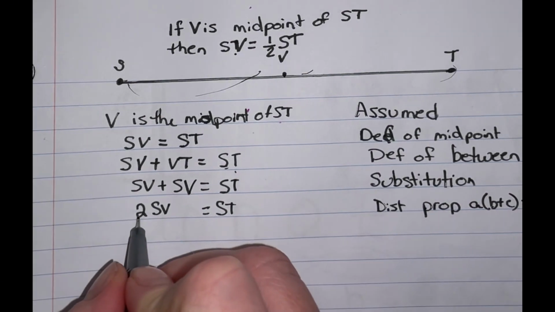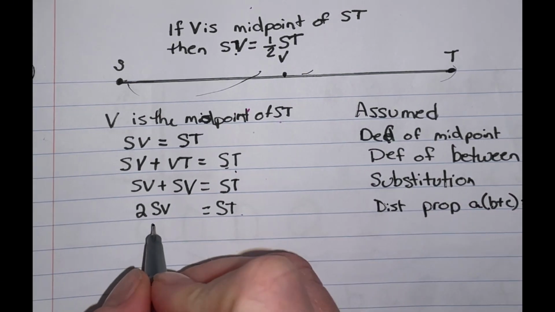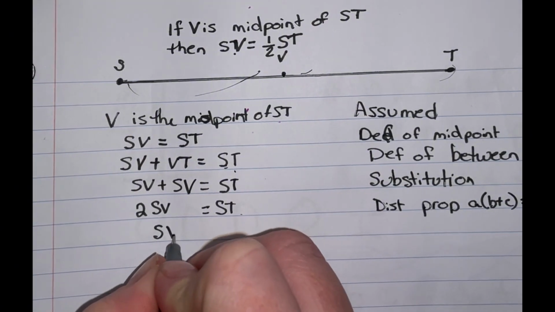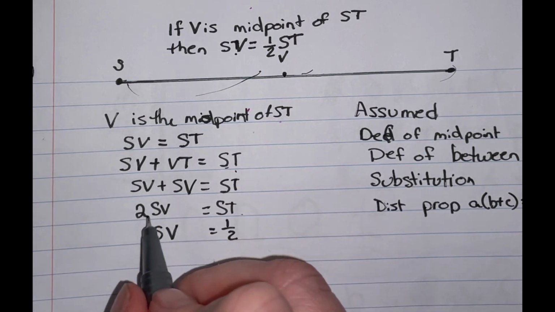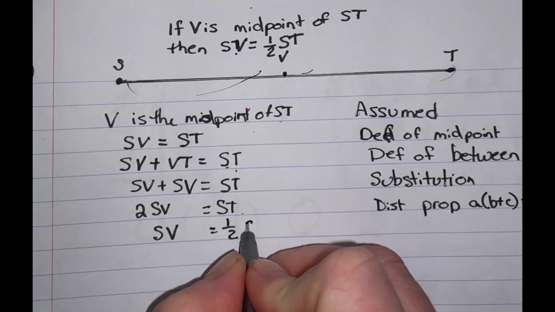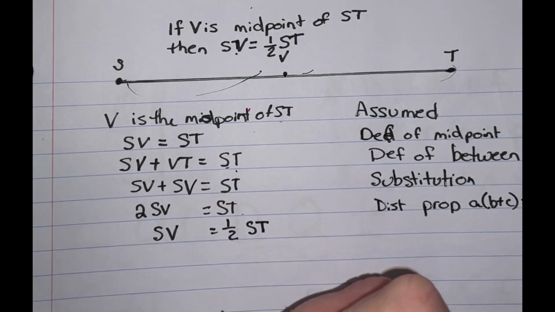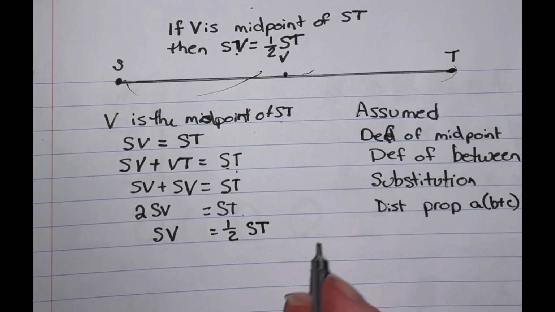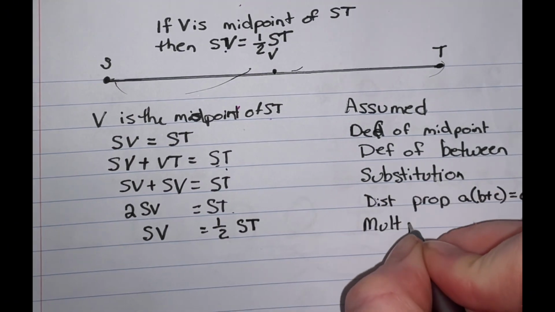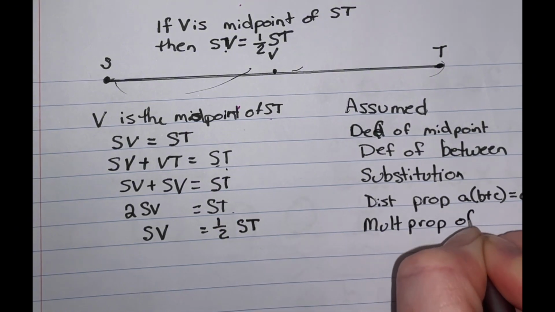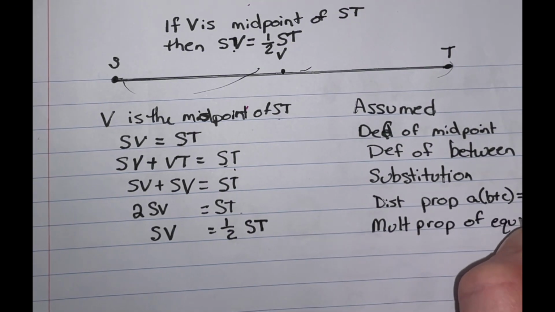Now, if we were to divide both of these by 2, we would then have SV equals 1/2 ST, half ST. This would be the multiplication property of equality.